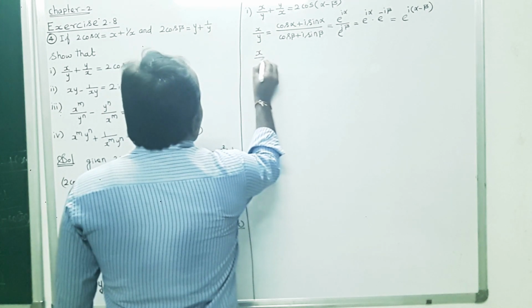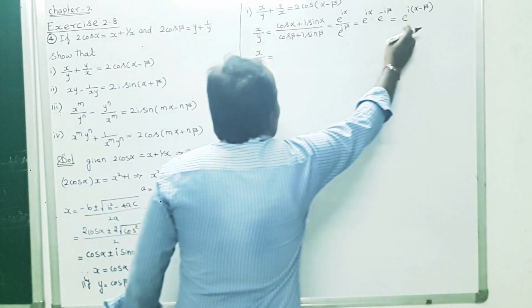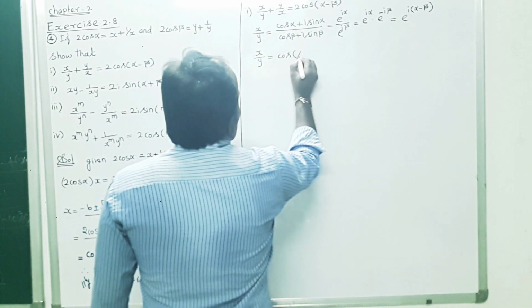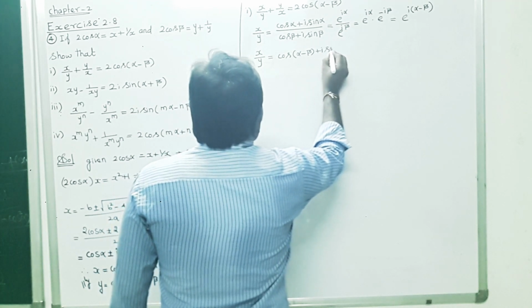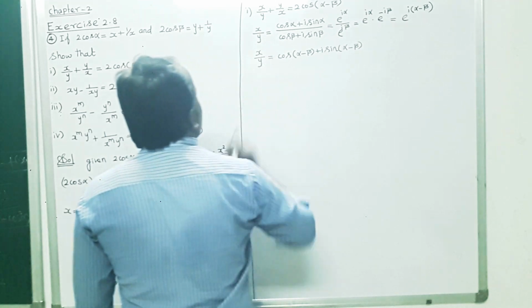Then x by y is equal to cos of alpha minus beta plus i sin of alpha minus beta. This is x by y.